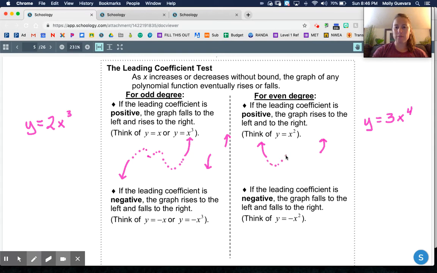Again, I have no clue what's happening in the middle, and it doesn't matter for this case. The end behavior is always going to do this. So again, think of x squared, right? When we think of a parabola, it does this. Is a parabola an even degree? Yeah, right, because it's x squared. So we just think of what the end behavior there is doing.